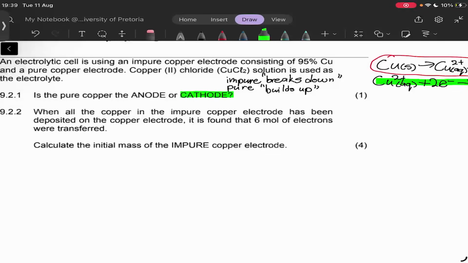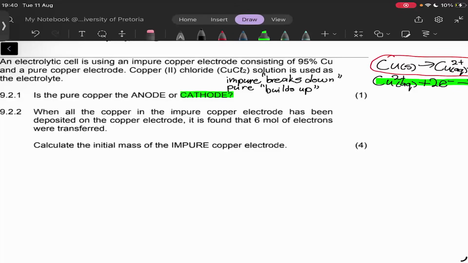Now let's look at 9.2.2. When all the copper in the impure copper electrode has been deposited on the copper electrode, it is found that 6 moles of electrons were transferred. Calculate the mass of the impure copper electrode. Okay?